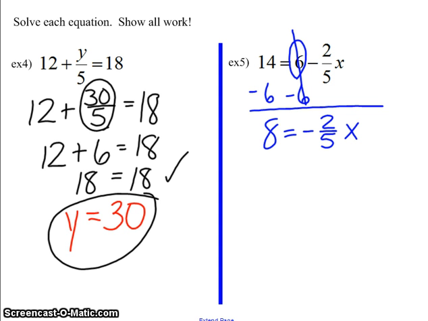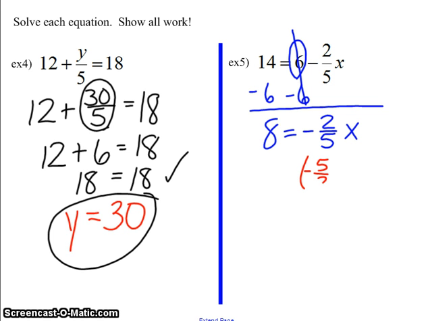Now, for those of you using calculators at this point, it's easy enough for you to use division in order to get rid of the times negative 2/5. However, if you find yourself without a calculator, you may remember that dividing by a fraction can also be simplified by multiplying by the reciprocal.